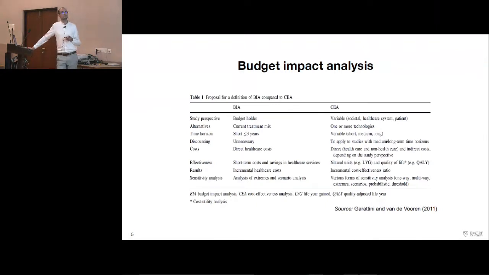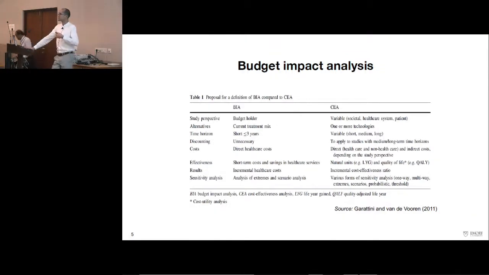For costs, for budget impact analysis, we consider only the direct costs to the payer, while in cost effectiveness they can be direct and indirect. For effectiveness, we talked about QALYs and all these natural units in cost effectiveness analysis, while in budget impact, you consider only cost savings.